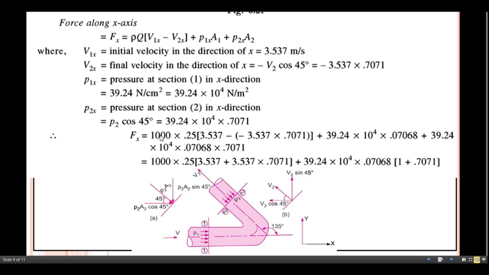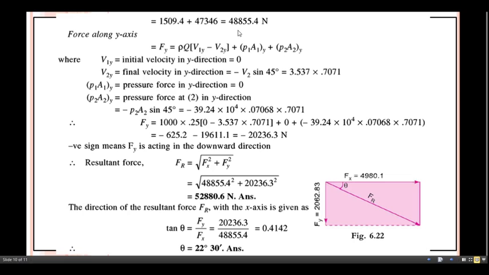Now if you just focus here, get the summation of all the horizontal forces. For that, focus only on the horizontal forces, write all these things here and do the calculations. You can get the value for Fx equal to 48,855.4 Newton. Similarly, develop the relation along the y direction.